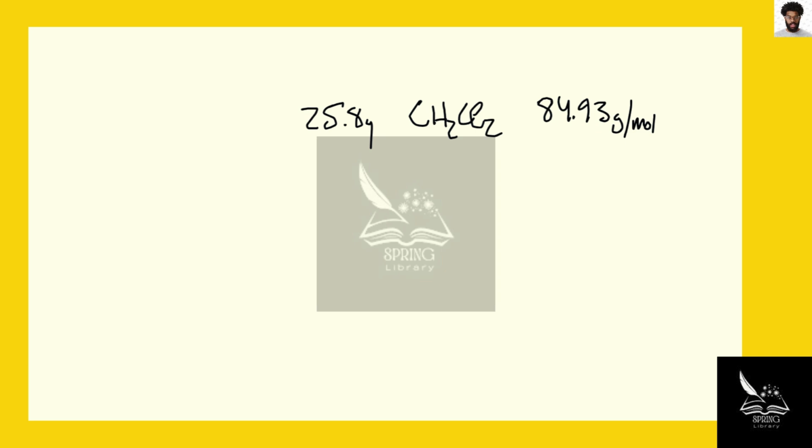Now we need to determine the number of molecules in 25.8 grams. How do we do that? Well, this will convert grams to moles. That's what molecular weight does, right? If we, for example, take grams of dichloromethane and divide it by the molecular weight of dichloromethane, 25.8 grams divided by 84.93 grams per mole, right?